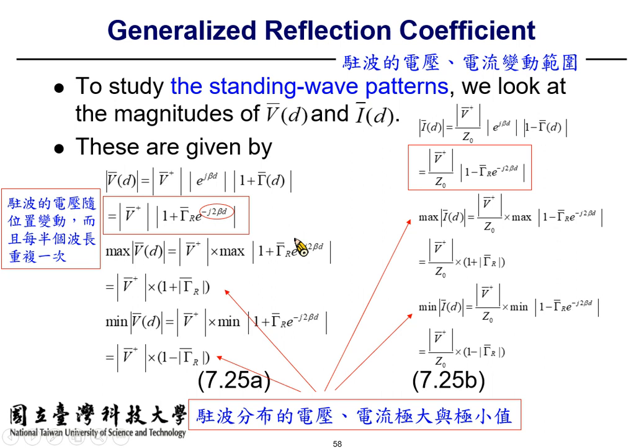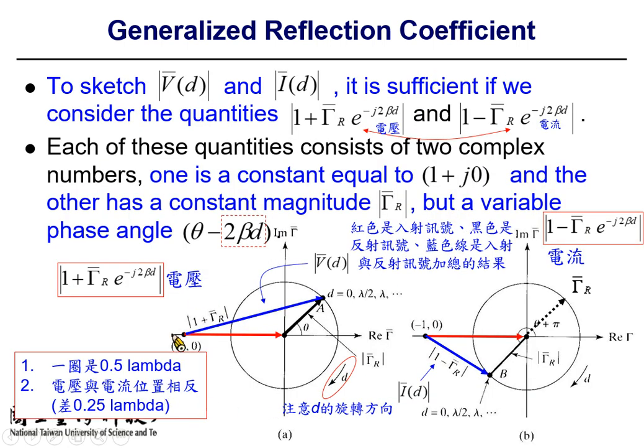And so does the case for voltage reaches minimum and the current reaches maximum. So if we draw the result graphically, like the one shown here, the total voltage and the total current will be blue arrow, which is the sum of incident voltage plus reflected voltage.